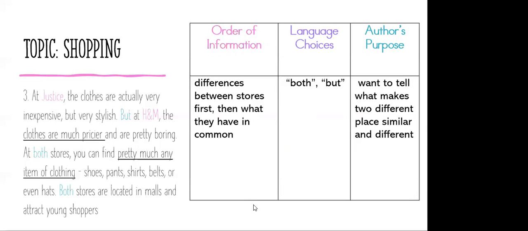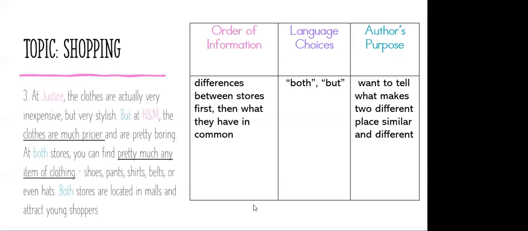And then I saw the word both, and it says that they have pretty much any items of clothing. That's something that both of the stores have in common. And then it also says both stores are located in the malls. That's another similarity. The author's purpose for writing this paragraph is that he or she wants to tell us what makes 2 different places similar or different.